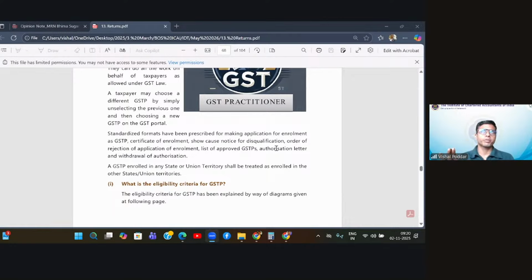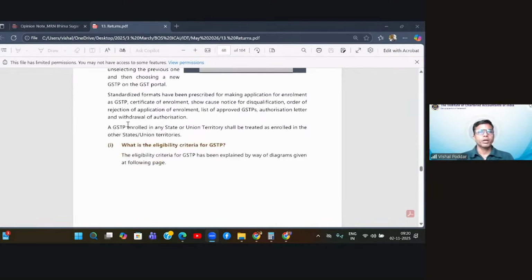This show cause is not for business or any type of tax evasion, but for not being eligible to be GSTP and so on. A GSTP enrolled in any state or territory shall be enrolled as GSTP in other states or territories as well. So again, same as the GST portal, it is not necessary that I should register in every state. Once I register anywhere, I will be deemed to be registered in all the states.